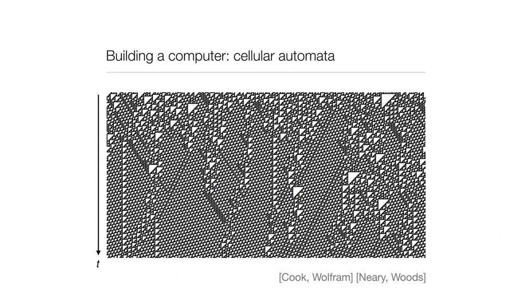And indeed, it was shown by Matthew Cook, confirming this conjecture of Wolfram, and improved by Turlough Neary and Damien Woods, that this cellular automaton is capable of performing universal computation. It can simulate, as we'll see, Turing machines, and for that matter, any other form of computer that you care to name, including the ones in your pocket.